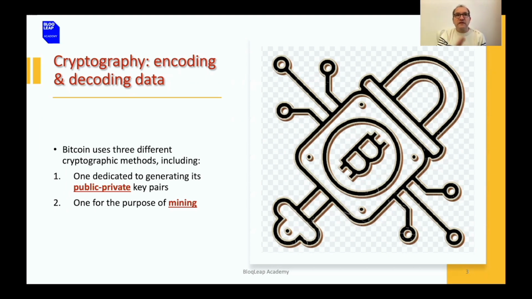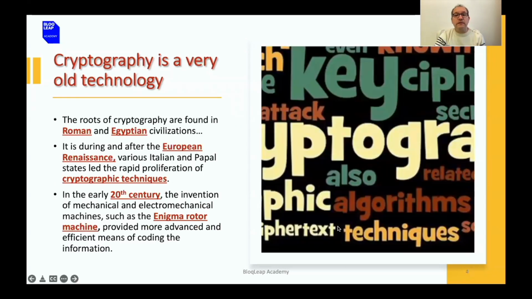And this cryptography is going to be used in order to create addresses, to be able to create transactions, protect your funds, and then for miners, we will see later on, to be able to verify and secure the system. So everywhere in the system, you've got cryptography.